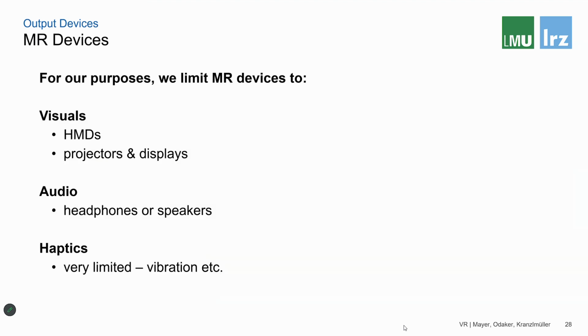But if you look at what you have readily available and what you can buy for mixed reality, usually you are limited to visuals that is done using head-mounted displays, that can be done using projectors or now TVs, LED displays, stuff like that. You can do audio. So audio you usually do by headphones or speakers, or you can do haptics, so feel and touch.